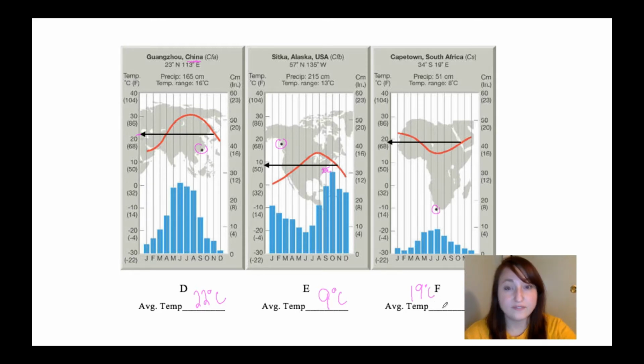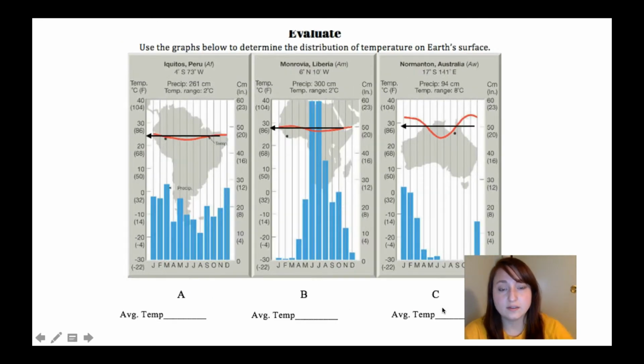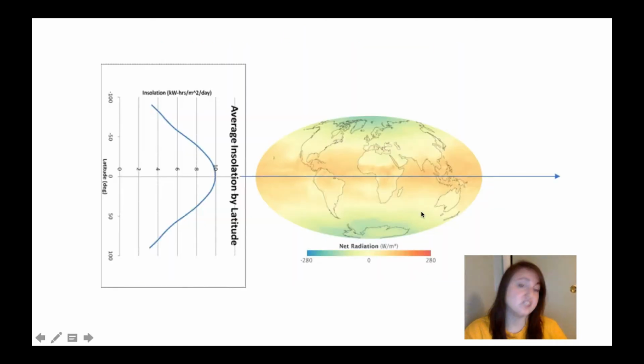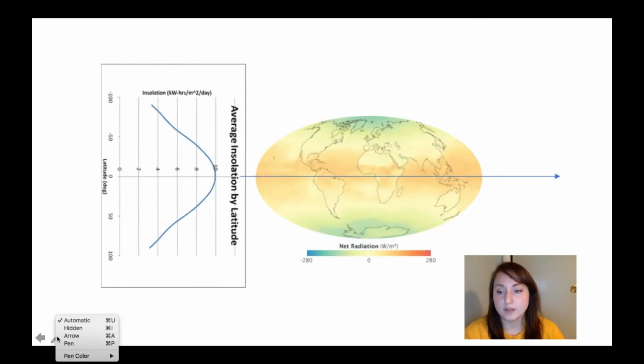Okay, so my follow-up questions are, looking at the temperatures for these three, we had 28, 29, and right around 25. So we're going to put these locations on this map here and see where they kind of end up. So we have, our first one was in South America, so that's where A was.